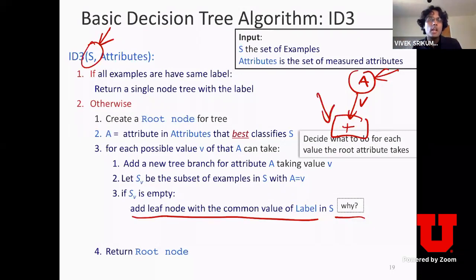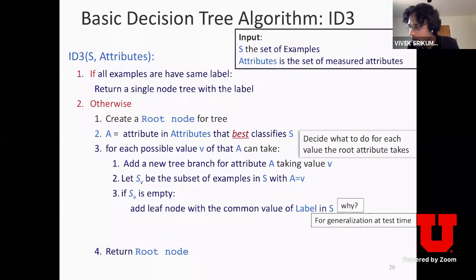You're guessing that, sure, in this particular set of examples that I have, I never saw feature A take value V. However, among all the examples that existed, the most common one is the most likely, so I'm more likely to be right if I take the more common label. This is an example of the learning algorithm making a decision in order to generalize at test time.